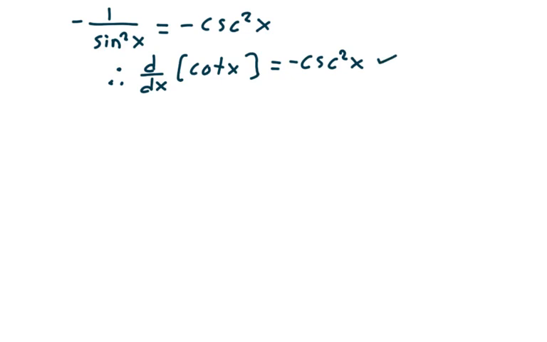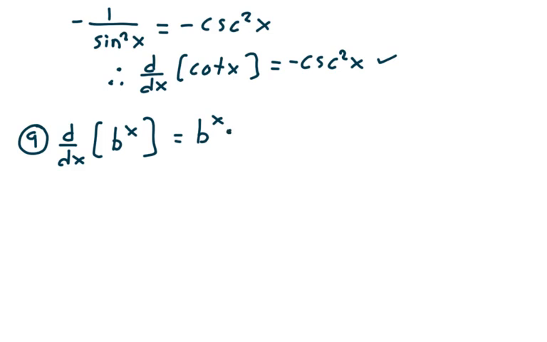Number 9. The derivative of b to the x is b to the x multiplied by natural log of the base, right? For example, if I want to differentiate 2 to the x, what's the base?